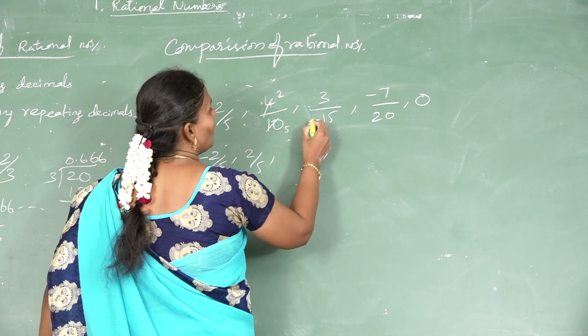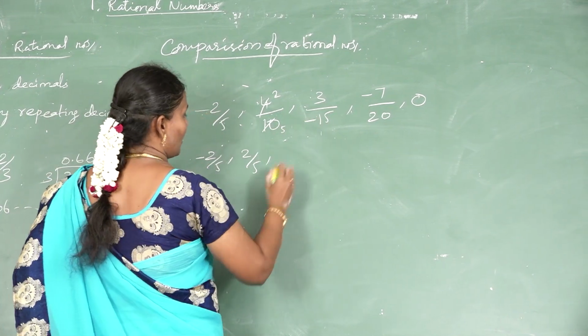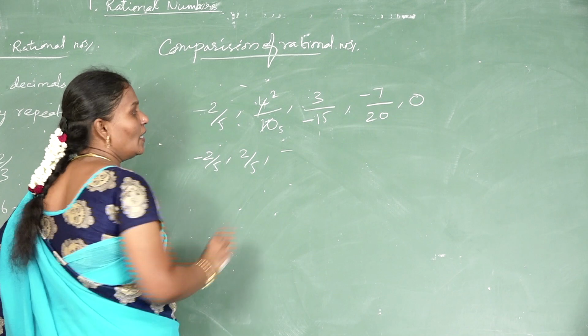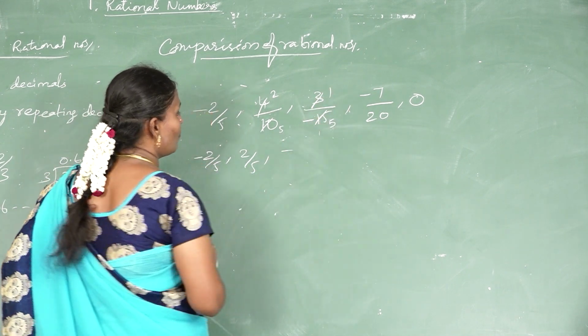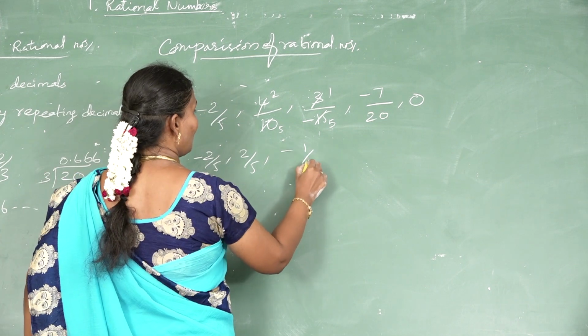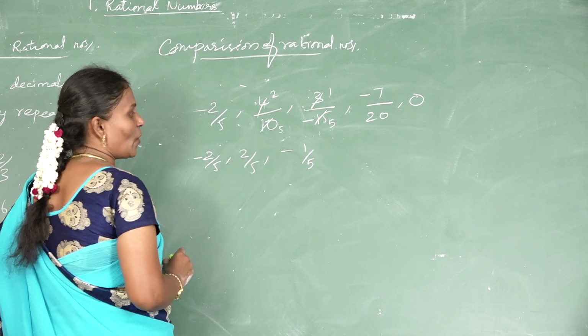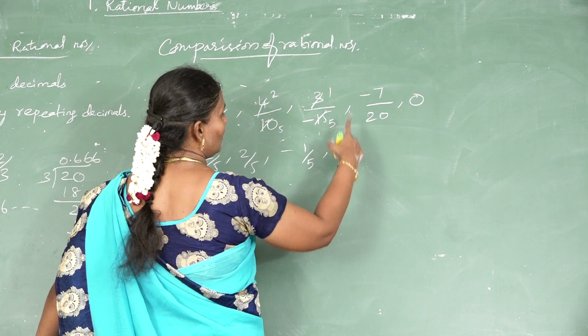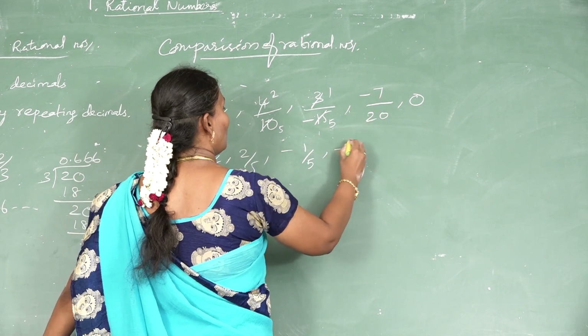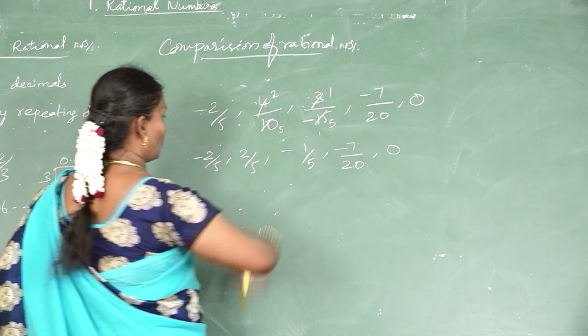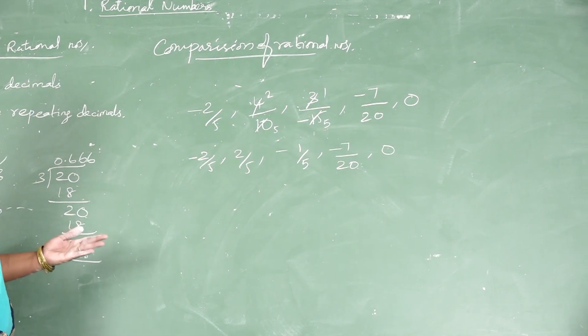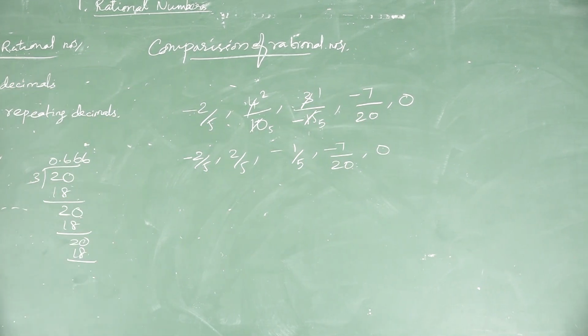Here the negative sign is in the denominator, so bring it to the numerator and cancel by the 3rd table: 1 3 is 3 and 5 3s are 15. So minus 1 by 5. Then minus 7 by 20 is already in standard form. Then you take 0.